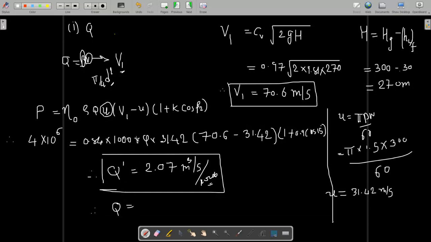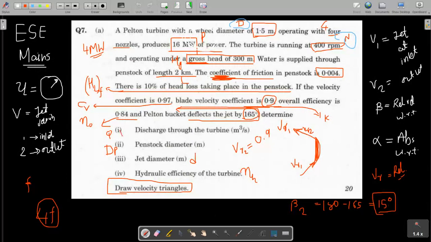Suppose this is Q dash, so Q is equal to 4 times Q dash. The total discharge is 8.277 meter cube per second. This is the total discharge, the answer of our first question. So this thing we have solved.